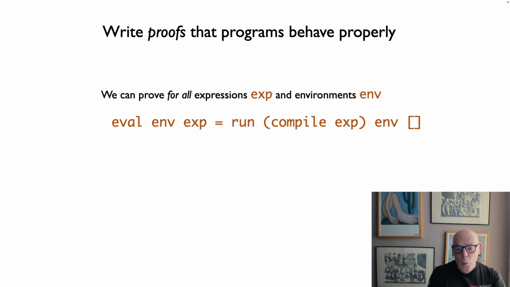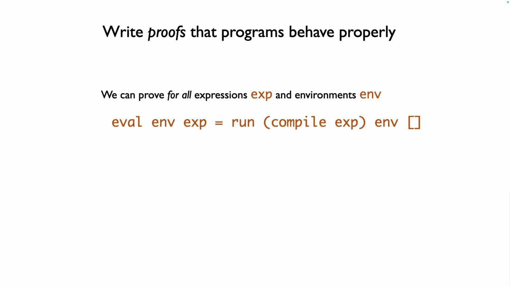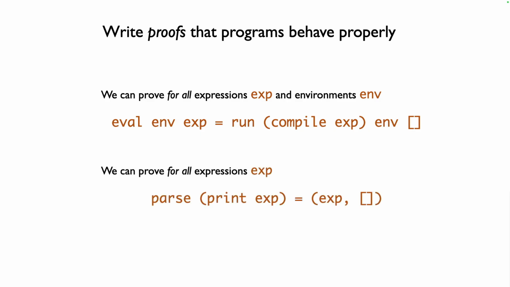One thing that we'd love to prove is that if we evaluate an expression using our evaluator, and we also compile it and then run it, we would expect to get the same result. And we can write that as this simple equation. On the left, we've got eval, on the right, we've got run, starting with the empty stack. So we would hope that for all expressions and environments, we should be able to prove that.